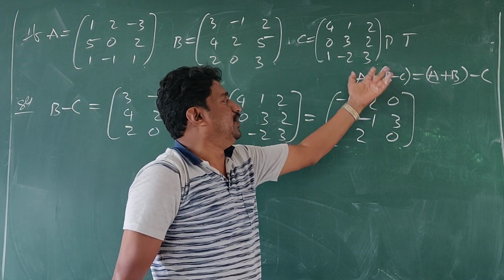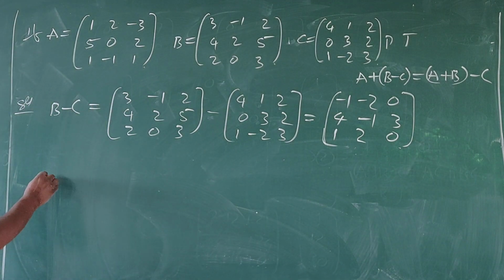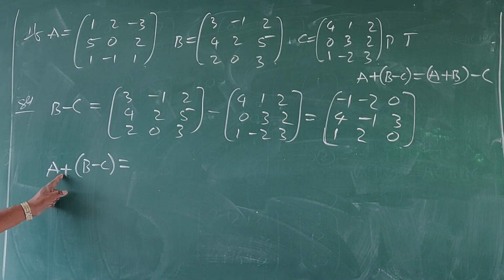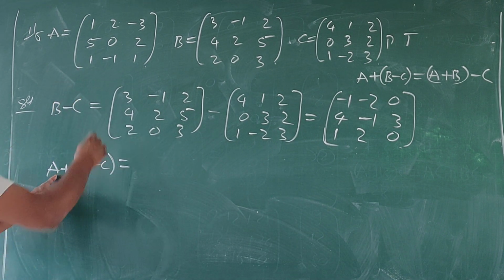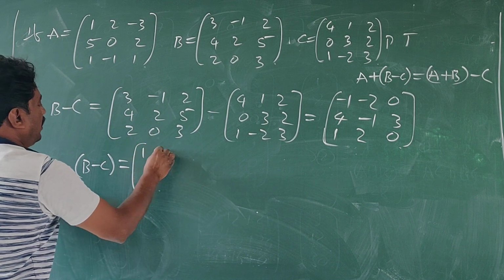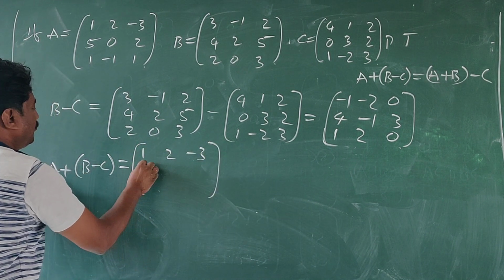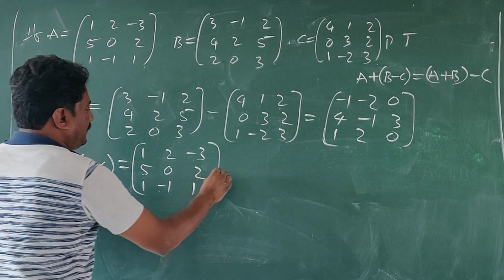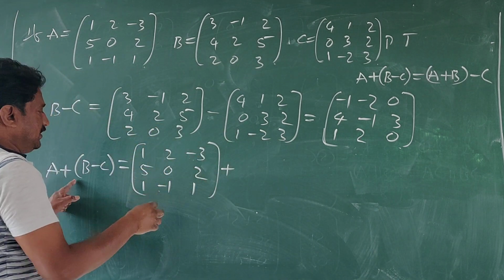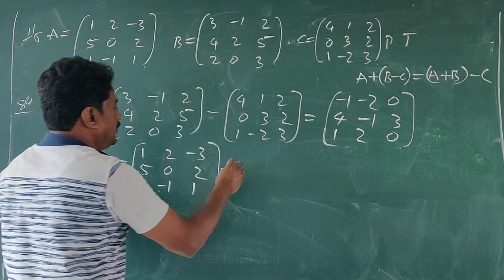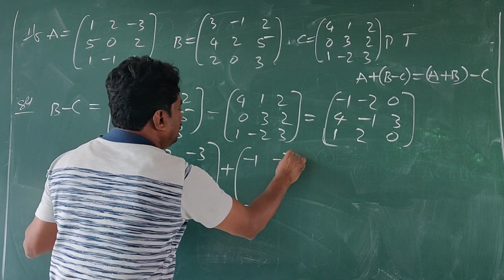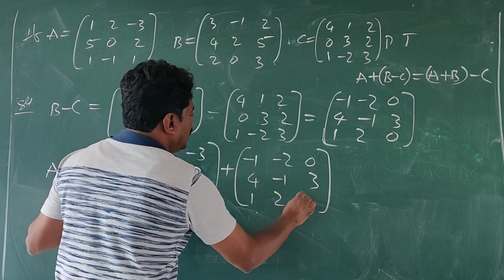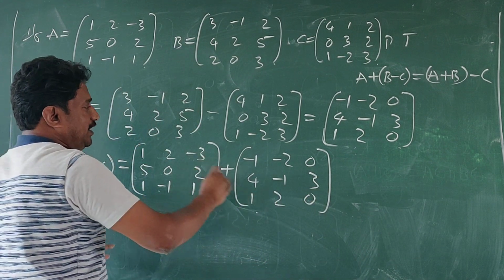Let us find the full thing, that is A + (B - C). Matrix A is [1, 2, -3; 5, 0, 2; 1, -1, 1], plus B - C, which is [-1, -2, 0; 4, -1, 3; 1, 2, 0].